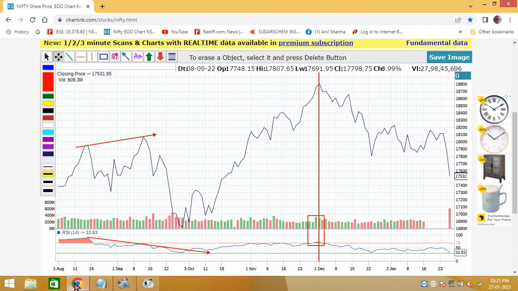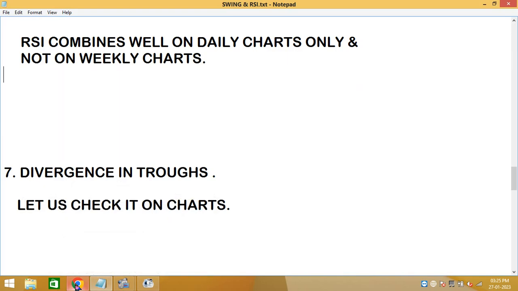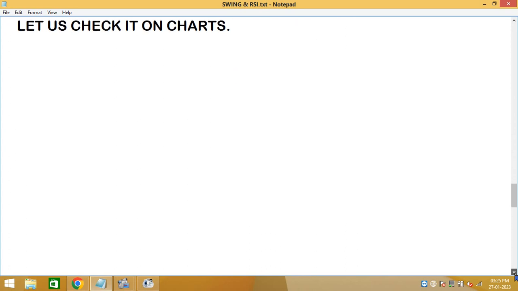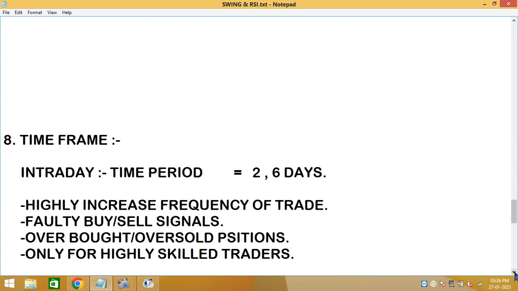Okay, now we come to a little more understanding of RSI, and the most important thing is the time frame. Here I say, friends, time frame is most important in RSI. If you are using RSI in intraday, then the time period could be 2 days, 3 days, 4 days, 5 days, 6 days.